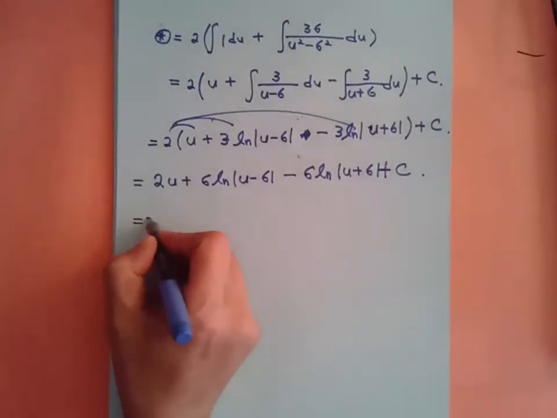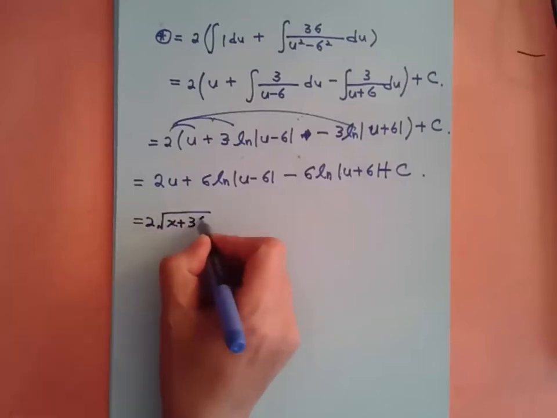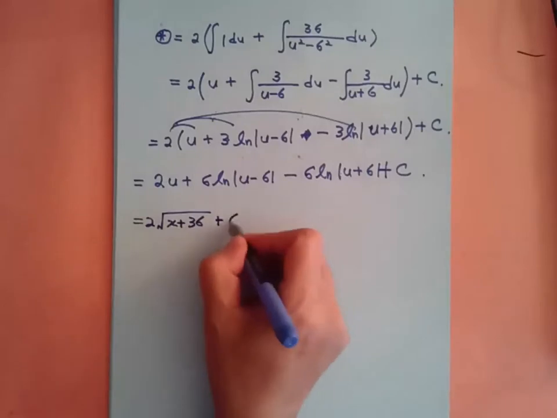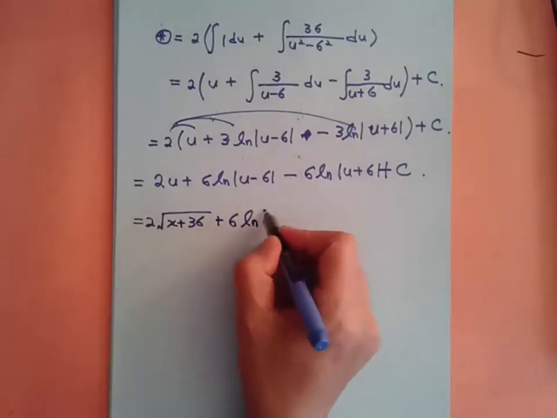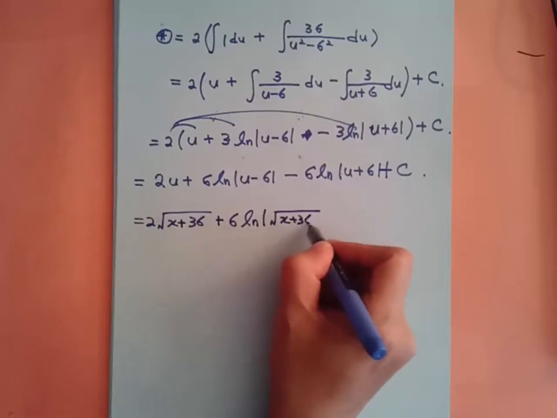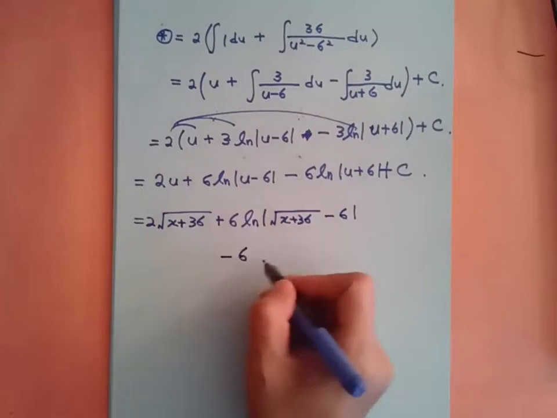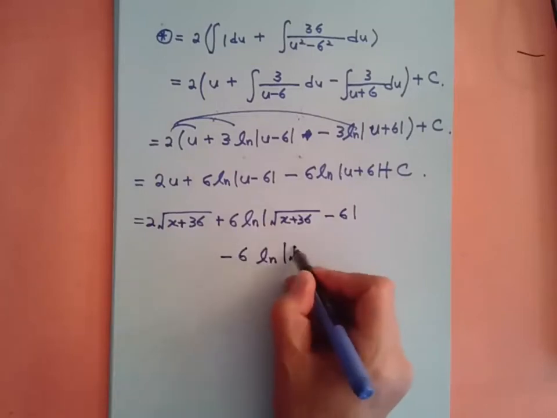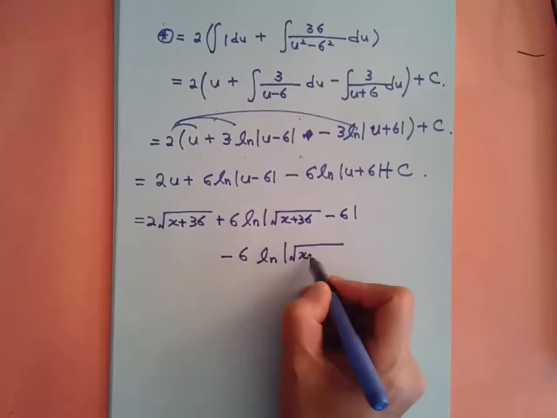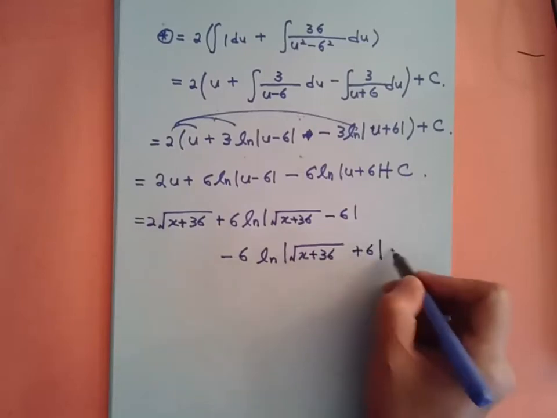So that is 2 times square root of x plus 36 plus 6 natural log of absolute value of square root of x plus 36 minus 6 times natural log of absolute value of square root of x plus 36 plus 6 plus c.